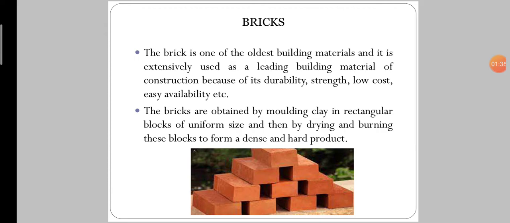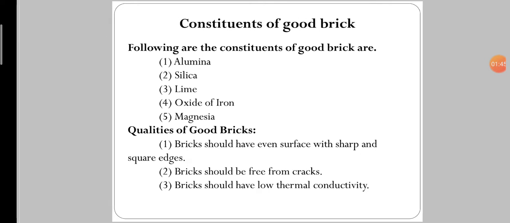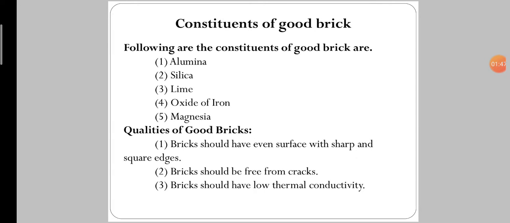Next is the major constituents of good bricks. It consists of alumina, silica, lime, oxide of iron and magnesia. Normally alumina is 20 to 30% in the brick.